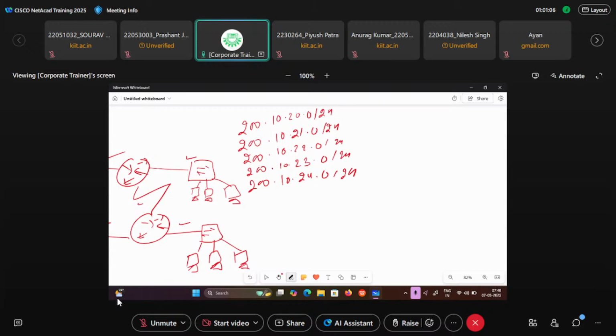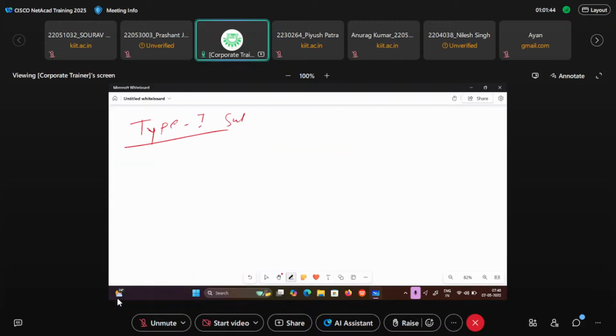Okay, so just write it down. The first type of subnetting is for finding the network. So let it be type 1 subnetting. We'll start with that. Type 1 subnetting, and in brackets you can write, for finding network.